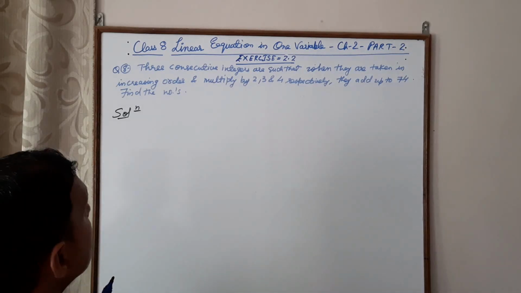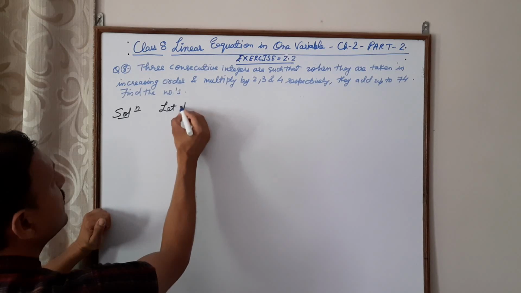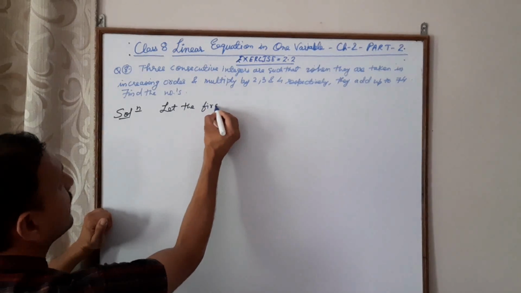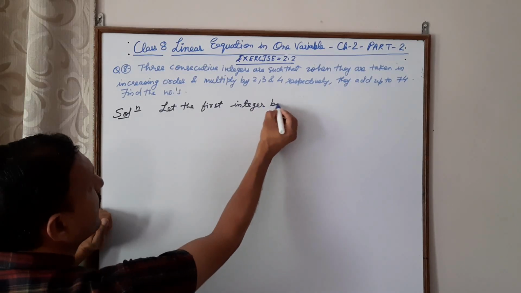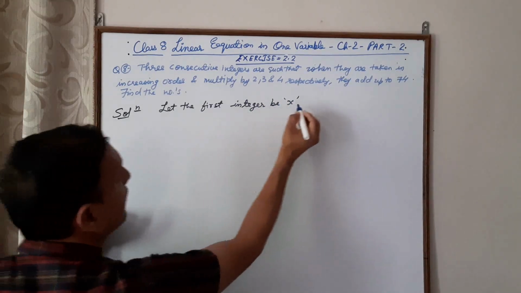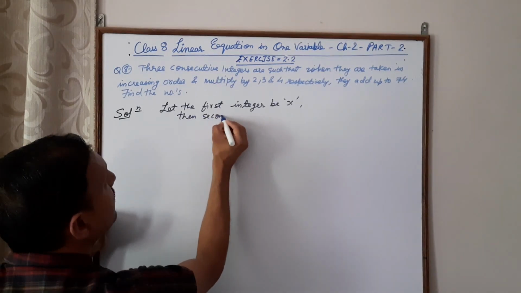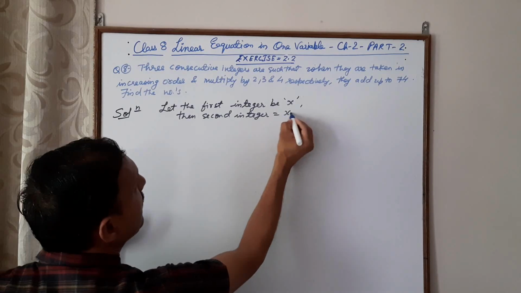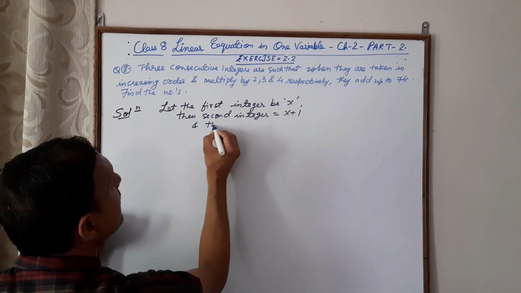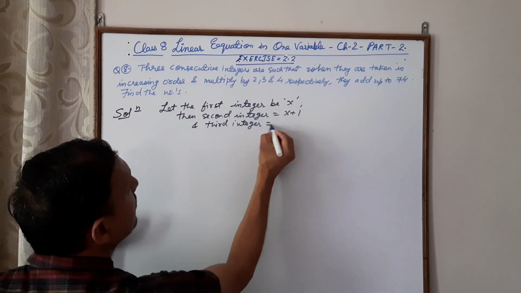So let us begin by taking integers only. Let the first integer be x. Then the second integer equals x plus 1 and the third integer equals x plus 2.